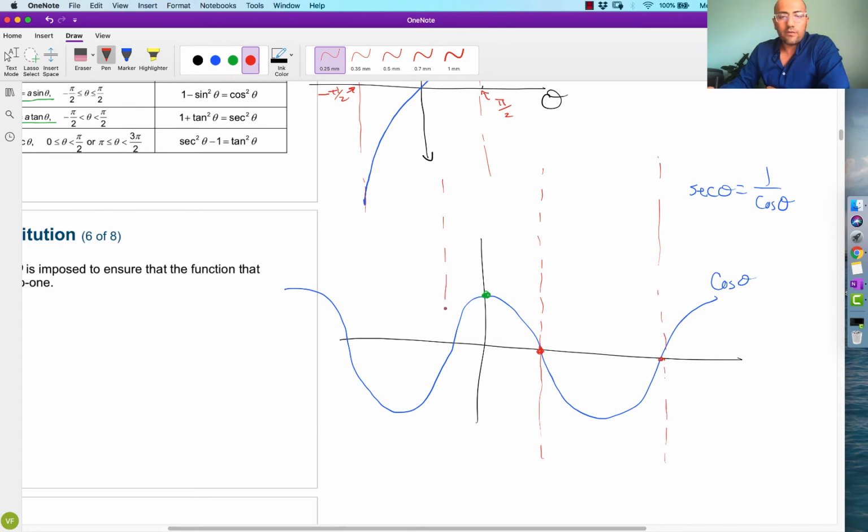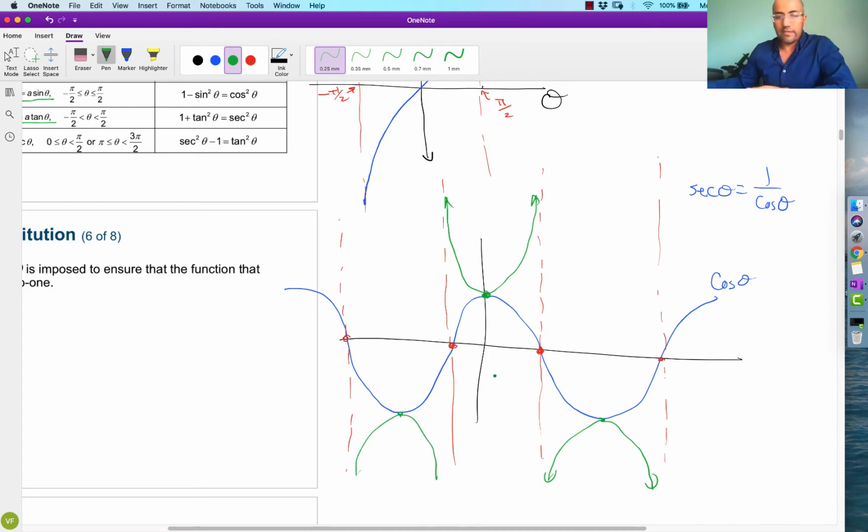And over here there's also going to be an asymptote there, and an asymptote there. So in green, let me just draw what these things look like. They go that way, they go this way, and then over here they go this way and that way. Wow, this is really ugly, but you get the idea. Now that I've completely butchered it, let's get a more professional look at these graphs.